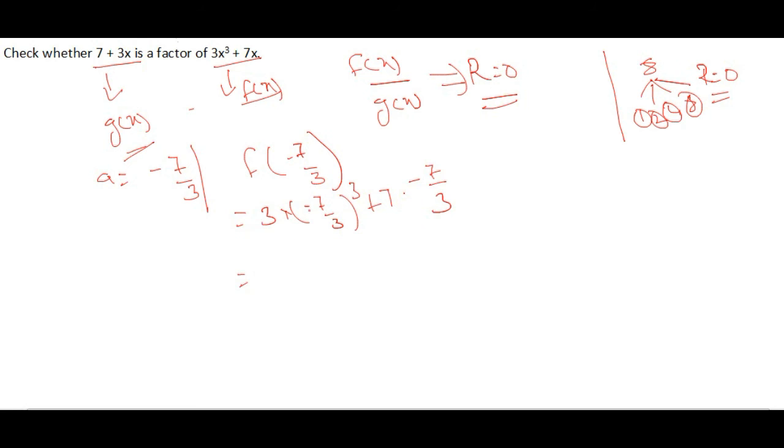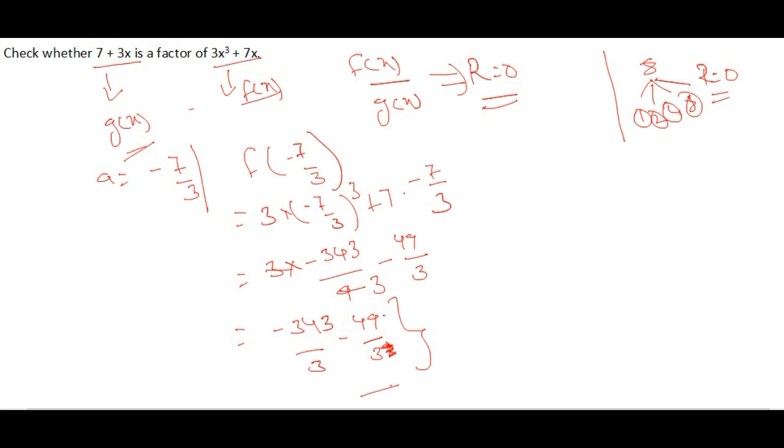Let's take it out from the bracket. 3 multiplied by minus 343, 7 cube is 343, upon 9, plus minus 49 upon 3. So 3 threes are 9. Then I will be left with minus 343 upon 3 minus 49 upon 3. From this statement, it can be clearly seen that this remainder is not equal to 0.